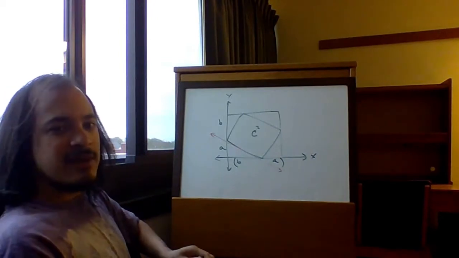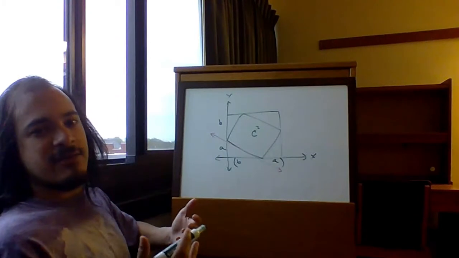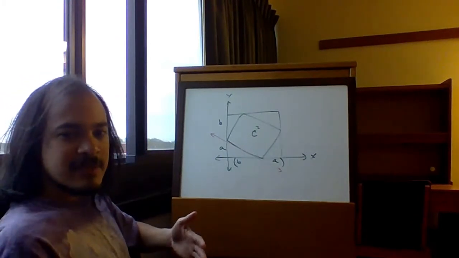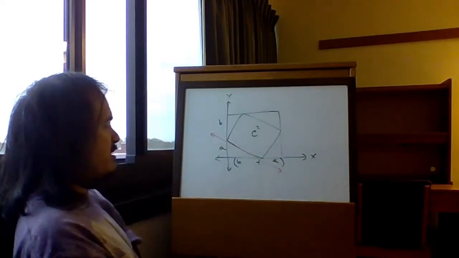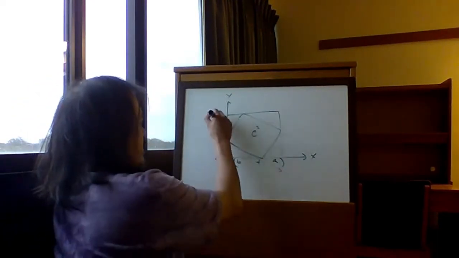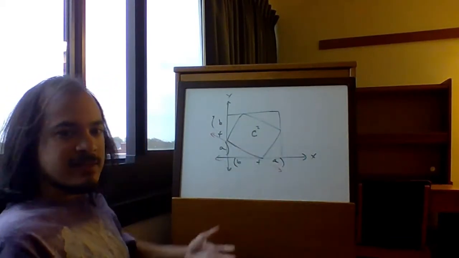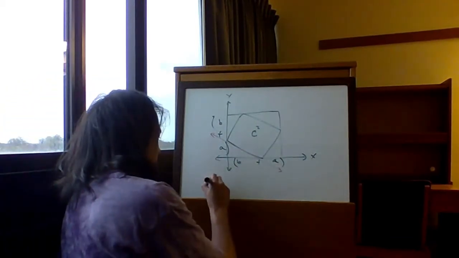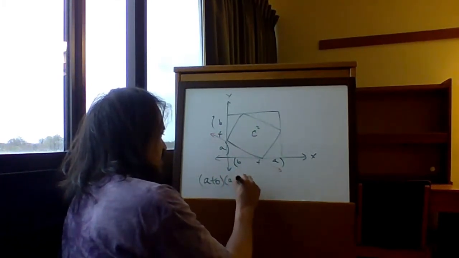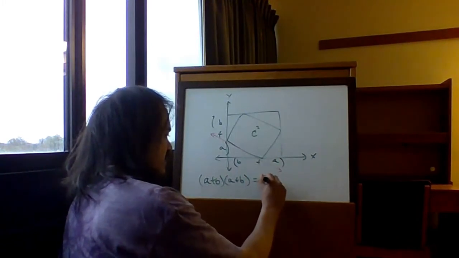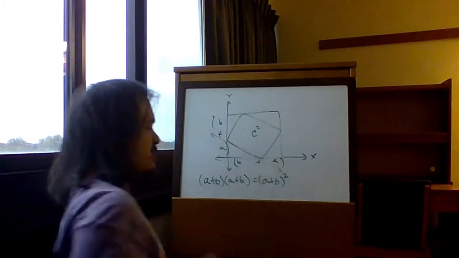Well, we take the big square and then subtract the smaller parts. So the big square is A plus B times A plus B. That's area. So A plus B times A plus B gives us A plus B squared.